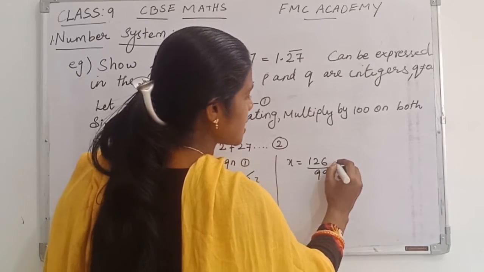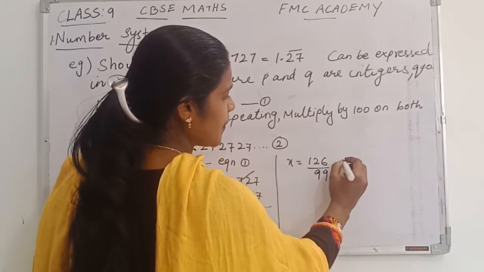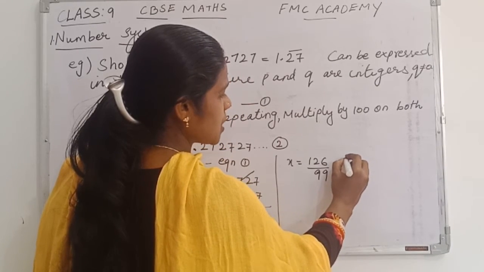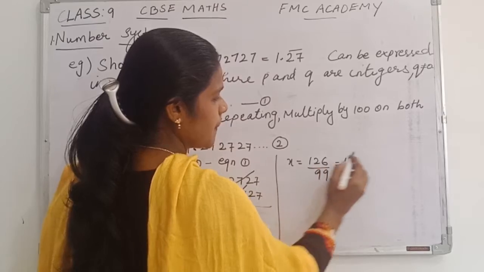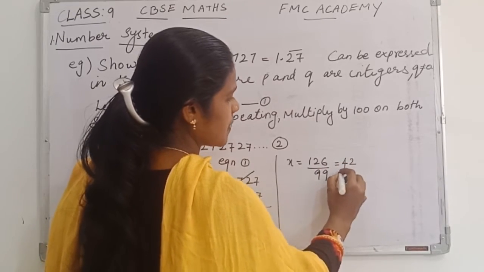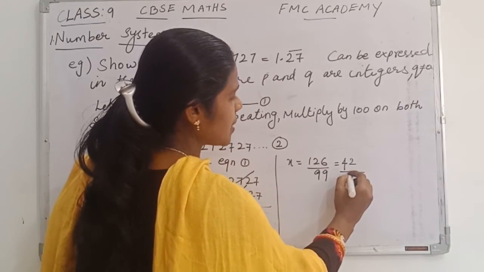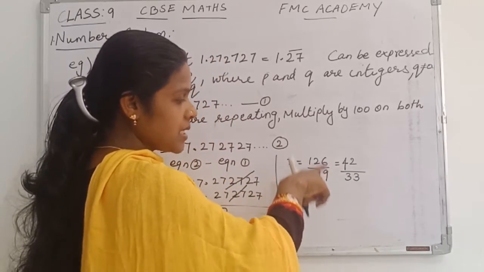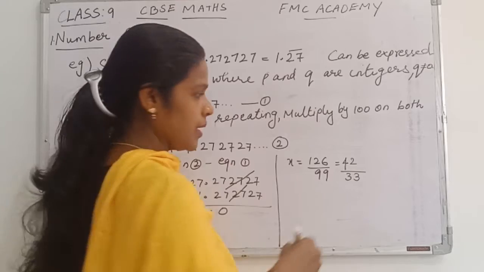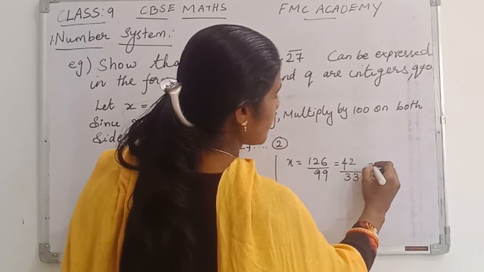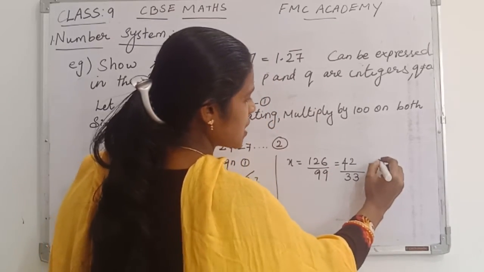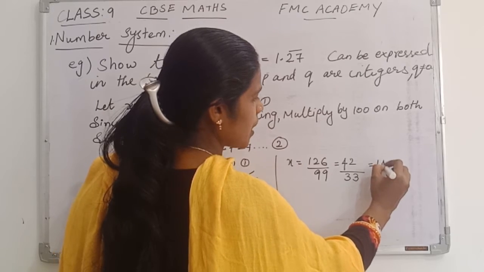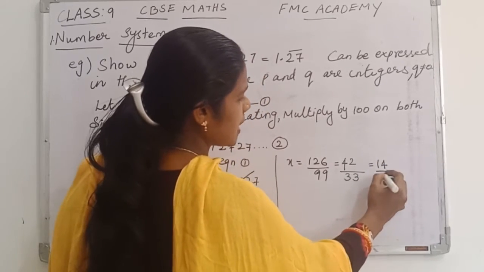So what can be the answer now? If you do it with the 3 table, then 3 fours are 12, and here 3 twos are 6, and 99 you can write as 33. Even in this step you can still further simplify. So what can be the answer? 4 ones are 4, and 3 fours are 12, divided by 11 ones are 11.